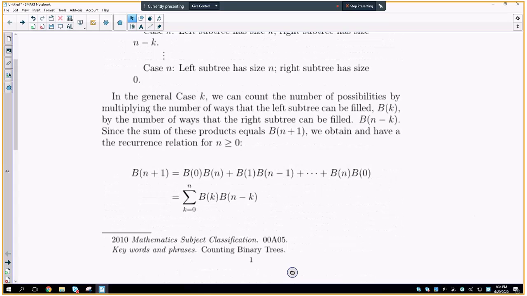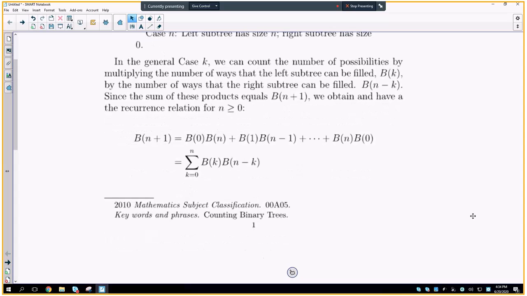In the general case k, we can count the number of possibilities by multiplying the number of ways that the left subtree can be filled, which is Bk, because the size of the subtree is k, by the number of ways the right subtree can be filled, which is Bn minus k. Again, the sum is n.